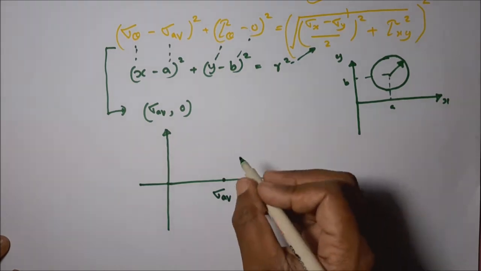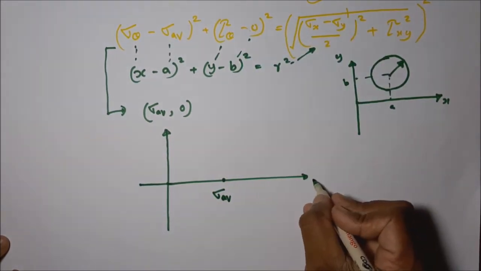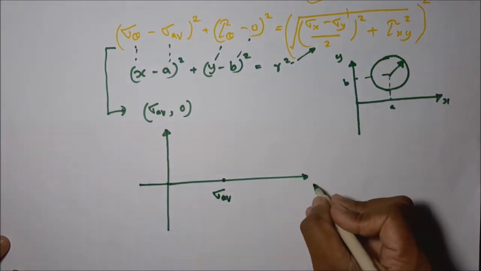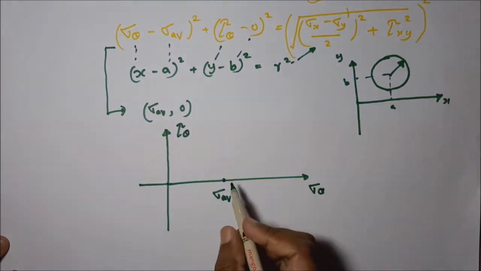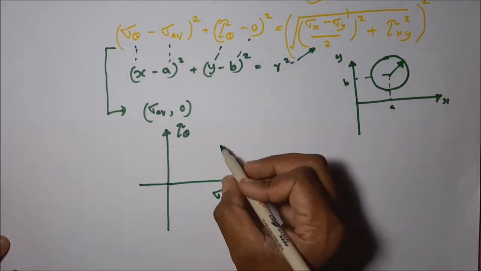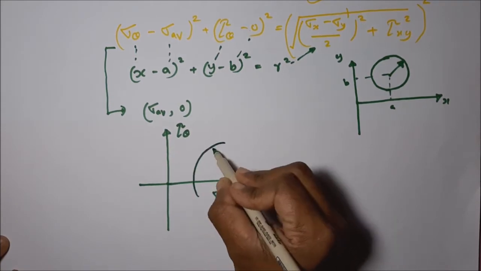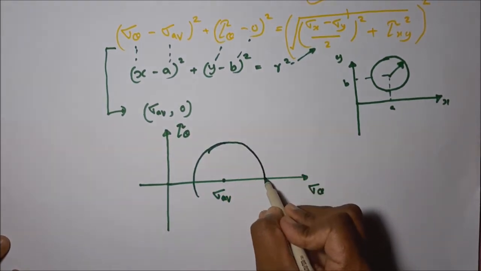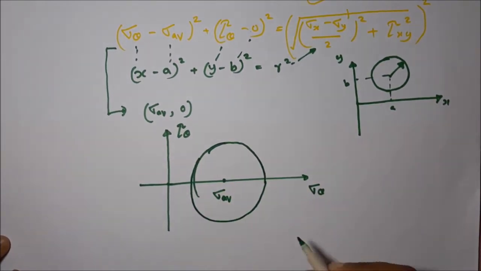Then the center lies on the sigma theta axis, if this is the sigma theta axis and this is the tau theta axis. Then this is the circle we obtain.